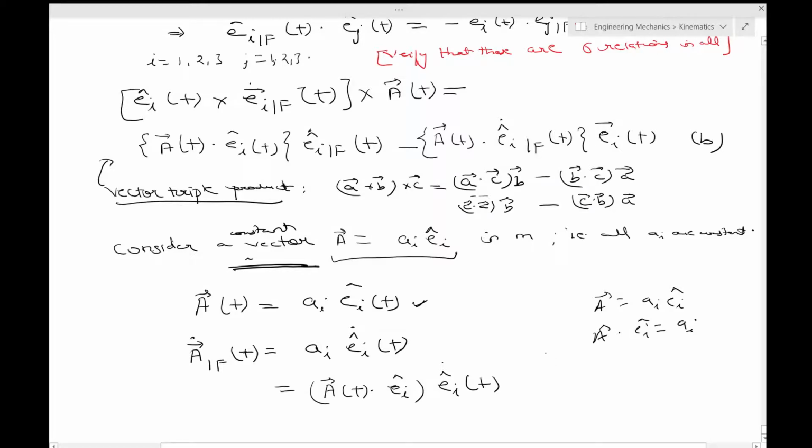I'll just show it to you in an expanded form. You have a1 e1 hat plus a2 e2 hat plus a3 e3 hat. Now if you take A dot e1 hat, this would be equal to a1.